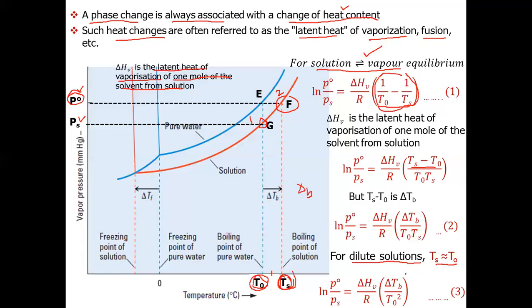So far we have introduced delta Tb in our relation. Now we want concentration. So concentration will come from Raoult's law. This term will give us concentration. Let us see how.